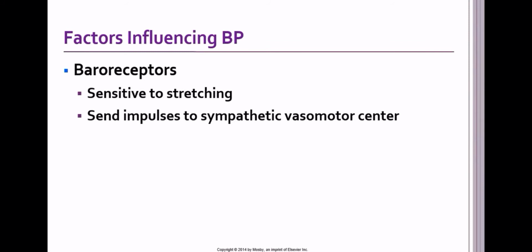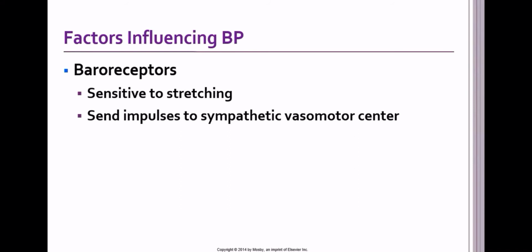Another factor influencing blood pressure is baroreceptors. These are specialized nerve cells located in the carotid arteries and the arch of the aorta. They have important roles in the maintenance of blood pressure stability during normal activities.